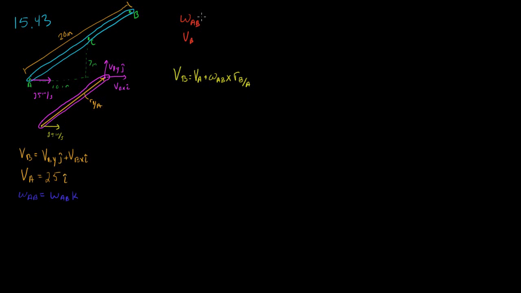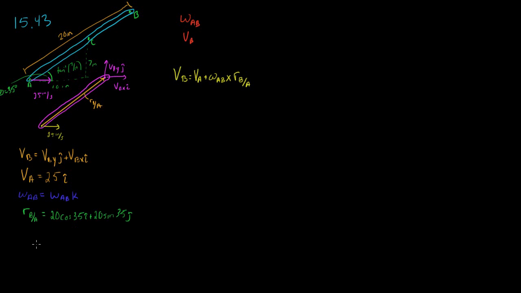Well, we can figure out what this angle is. This angle is going to be the inverse tangent of 7/10. And so this theta is equal to 35 degrees. So this r of B with respect to A is going to be 20 times the cosine of 35 i plus 20 times the sine of 35 j.